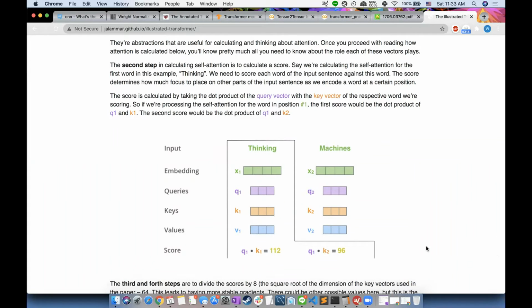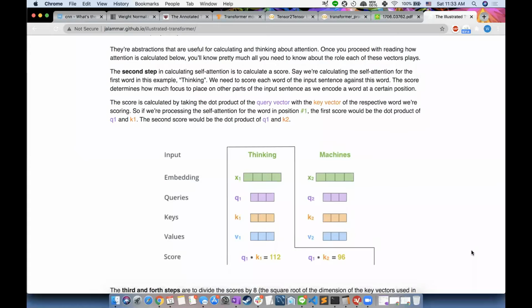Well, we're just dot producting thinking's query vector with all the other words' key vectors. And that's how the relation comes in, how one word is related to the other words mathematically.